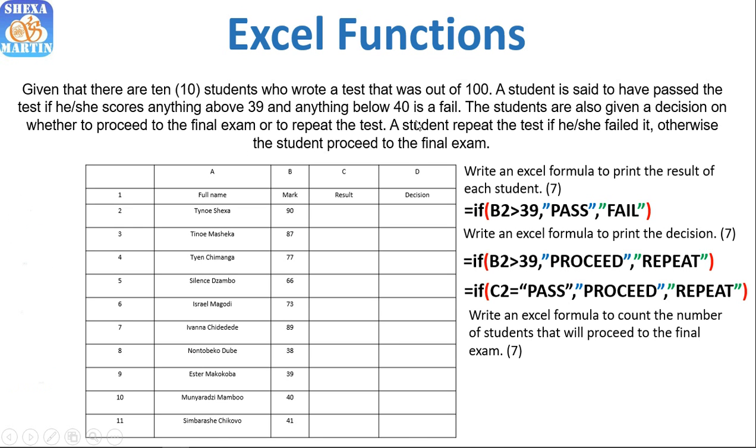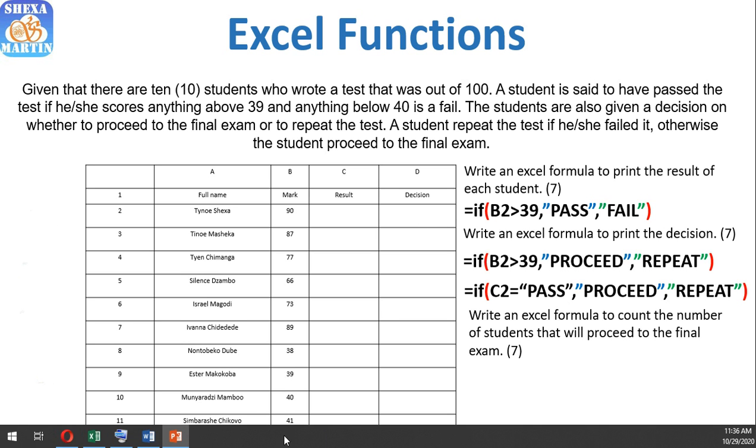Right, so this question is not based on any statement in this story, but now we need to count how many students have passed, how many students are having a proceed decision.